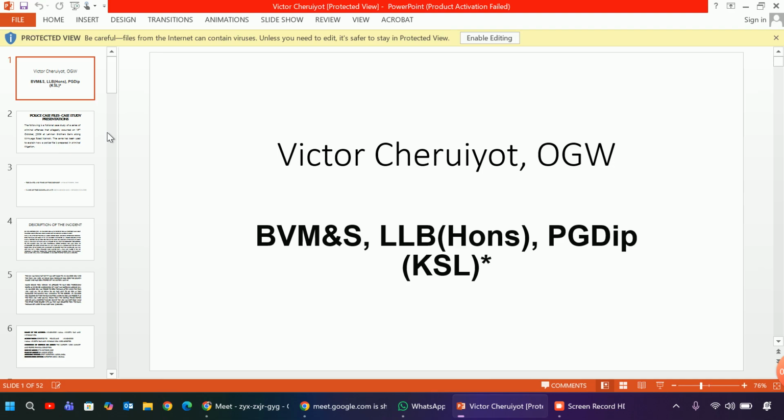Whoever is going to record that incident in the OB will extract that OB and put it in subfile A. If your OB extract goes to 3 pages, then the investigating officer is going to mark it as A2. Remember that the initial incident report was A1. The one for the OB will move to A2 Roman 1 for the first page. The second page will be A2 Roman 2. That page will be A2 Roman 3.